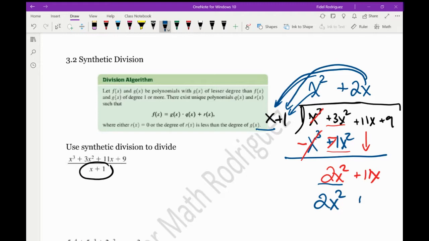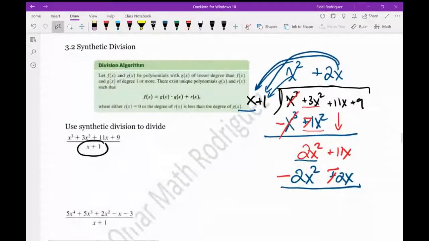And 2x times 1 leaves me with a 2x. Okay. Remember what we're going to do now. We're going to subtract. So I'm going to subtract that one, and I'm going to subtract that one. Okay. So look, these 2x squareds will cancel. 11x minus 2x is going to leave me with a 9x. And then, y'all, I'm going to bring down this plus 9.